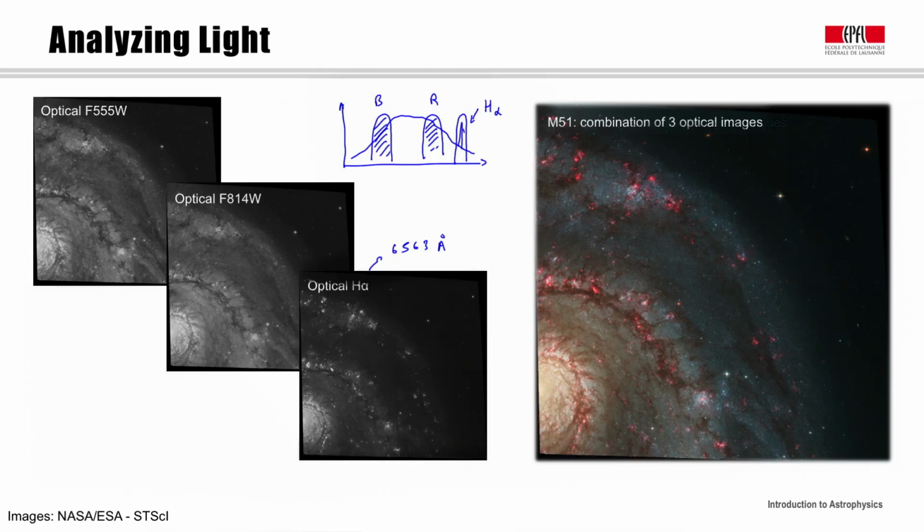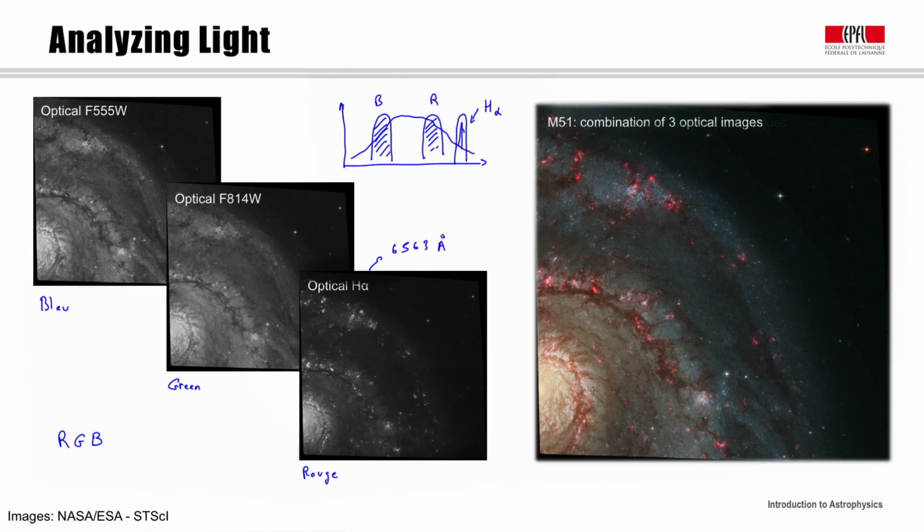So now we will make an RGB image. So red, green, and blue. The blue pixels will be coded with the image that was taken with the blue filter, the B filter. For the green part of the image, the red optical image will be used, and then we will take the H-alpha line for the red part.